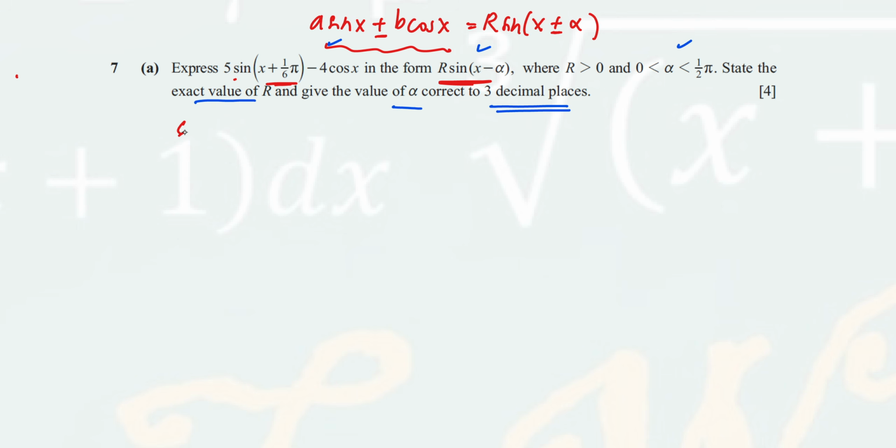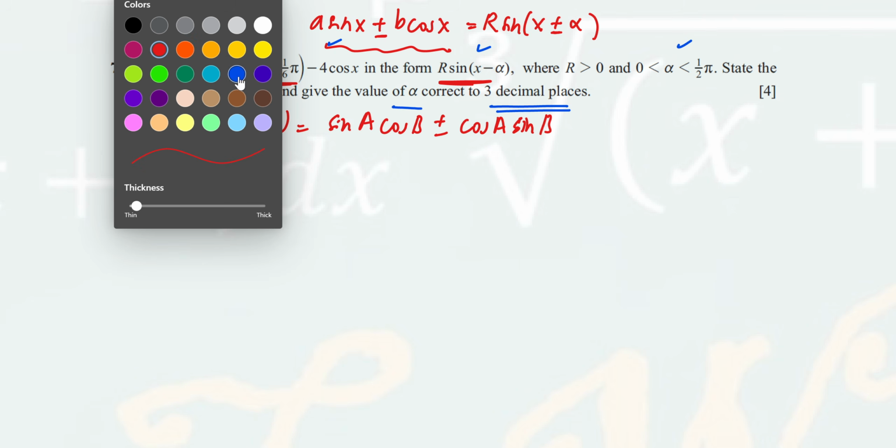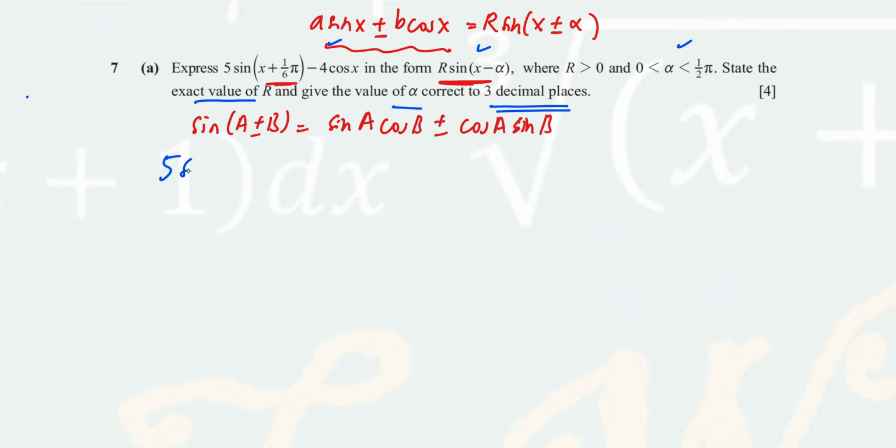So the expansion is going to use the sine addition formula, or what we call the compound angle formula. So sine A plus minus B is going to be sine A cos B plus minus cos A sine B. I'm going to use this addition formula to simplify first.